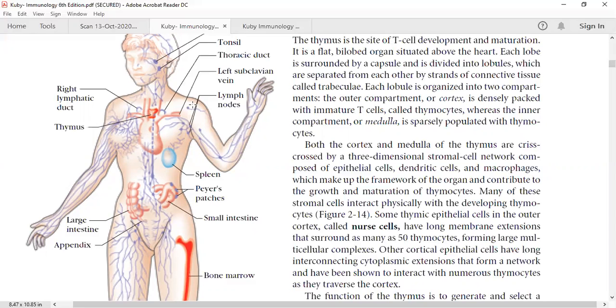Suppose if you wake up after a long sleep, you will see there is some swelling over your face. Because you do not move those particular organs for a long period of time, the lymph is accumulated and it will give a swelling appearance. All right.